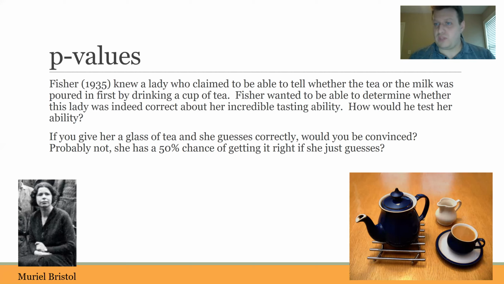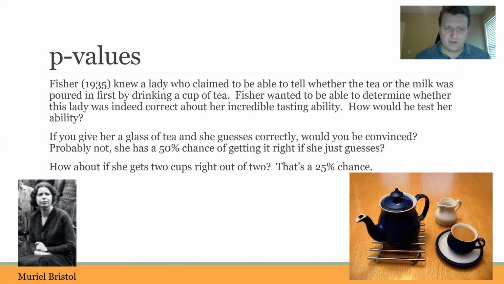But no matter what we do, there's always some probability that Muriel gets it right just due to chance. At what point are we going to make the demarcation that Muriel has some super tasting ability? We could do 2 glasses of tea, but again, there's a 25% chance that she gets it right.